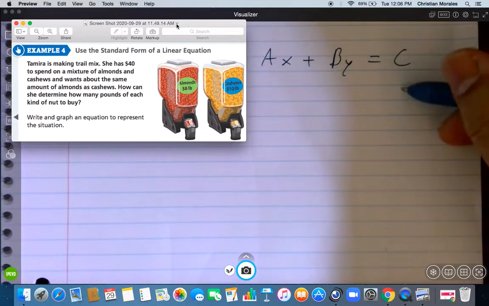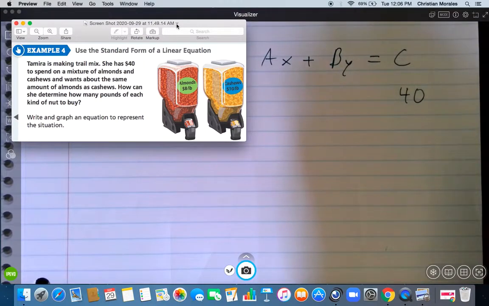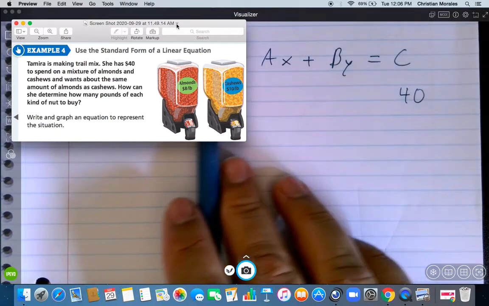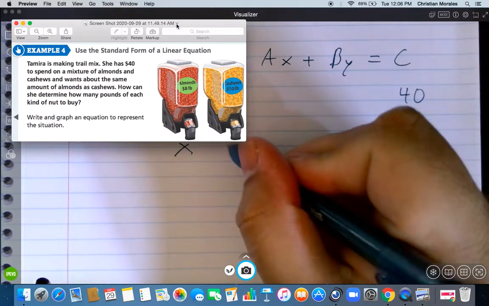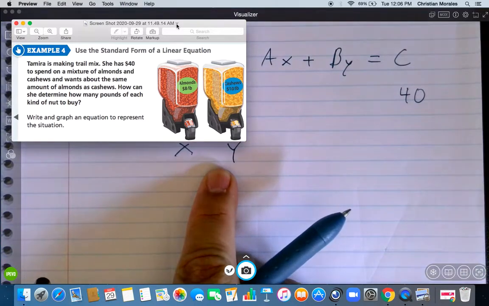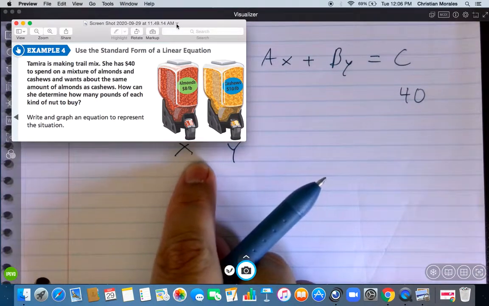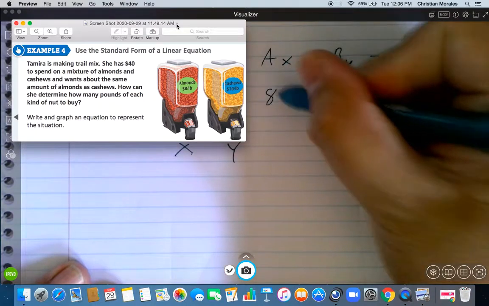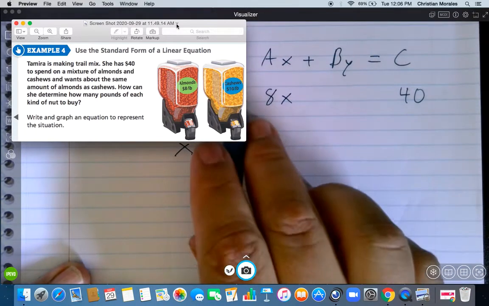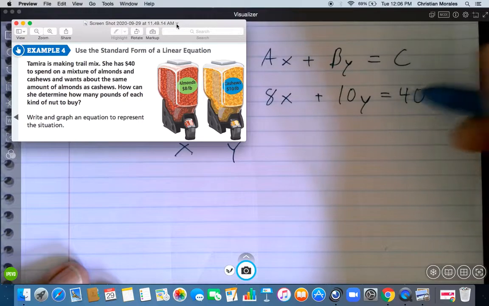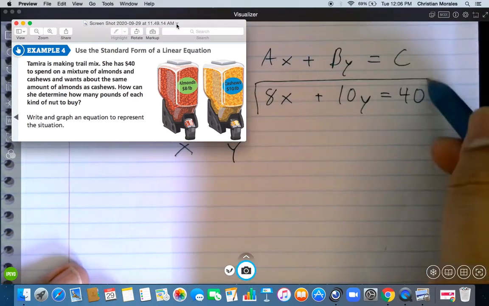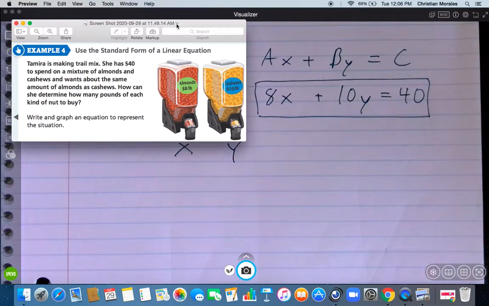And that number is 40, which means that the almonds, we'll make the almonds represent X, and we'll have the cashews represent Y. So it's $8 for the almonds, so I'm going to put 8X, and it's $10 for the cashews, I'm going to put 10Y. And ladies and gentlemen, this is the standard form of that equation right there. There it is.